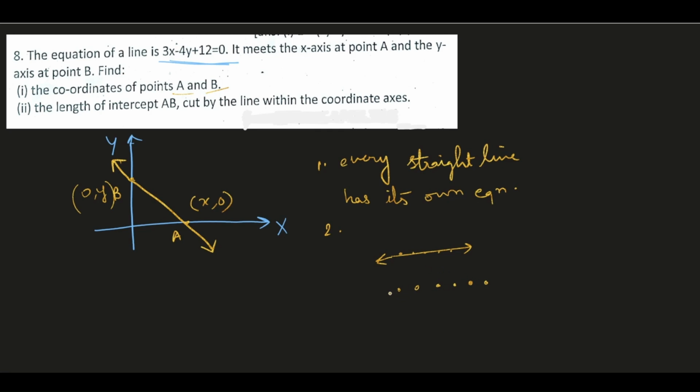So when I join all those points, will I get a straight line? This is the concept I want to highlight here, that all the points falling on the given straight line satisfy the equation of that line.